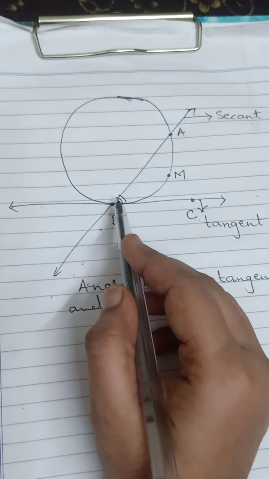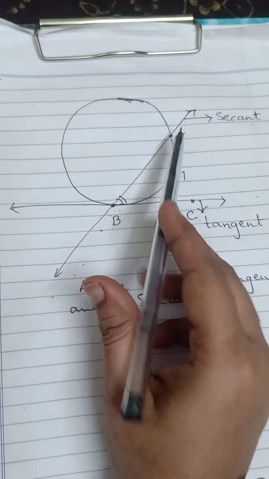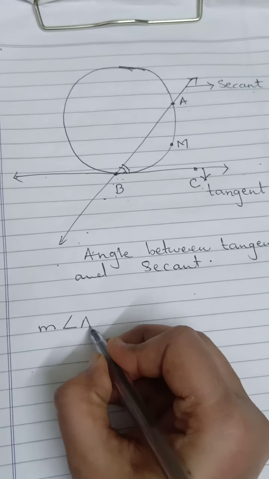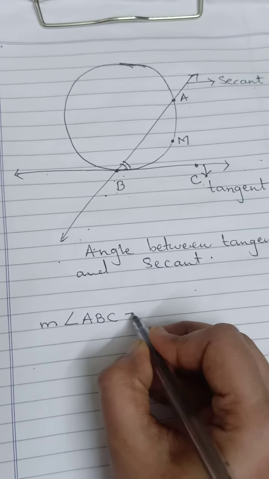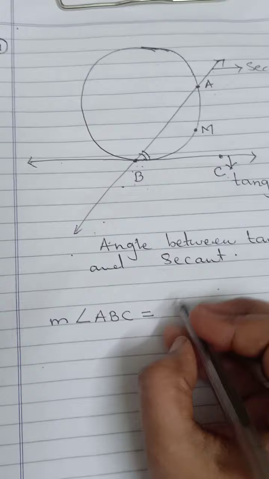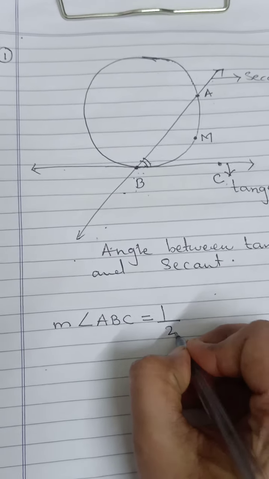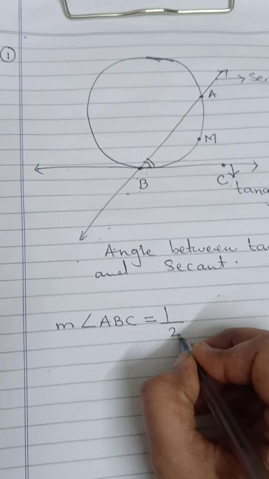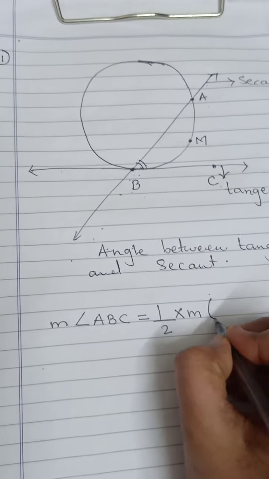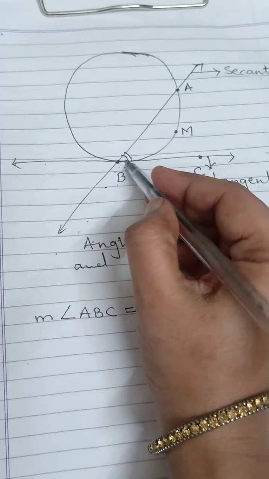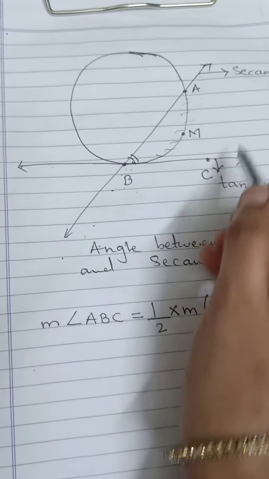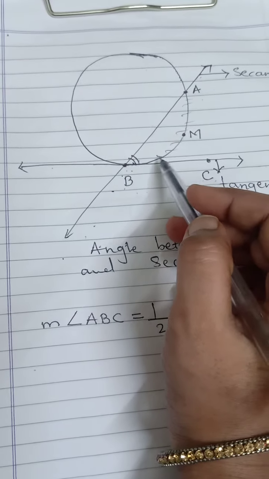So whenever an angle is made up of a tangent and a secant, the measure of that angle, that is measure of angle ABC, is equal to half of the measure of its intercepted arc. We are using 1/2 for half. So here the angle is ABC, so obviously the intercepted arc is this arc, nothing but arc AMB.